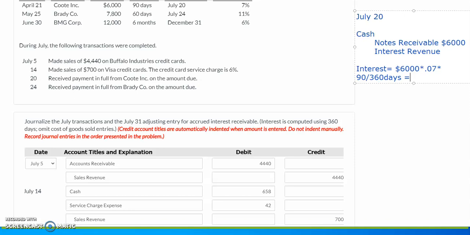So you'll end up with $105 for your interest. So your interest revenue will include a credit for $105. And so the total cash received will be $6,105. And our next transaction will be fairly similar.